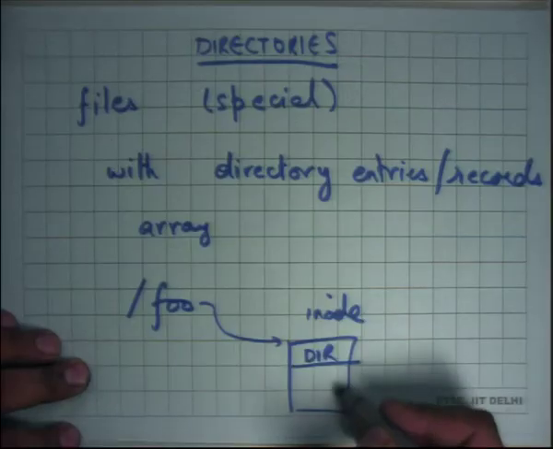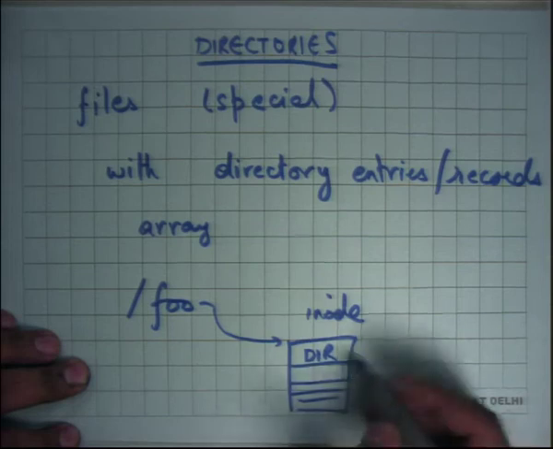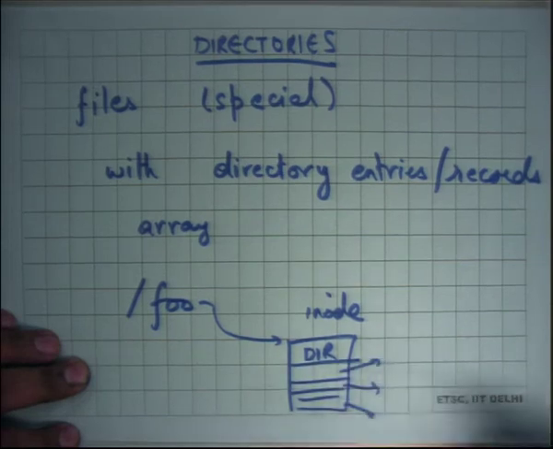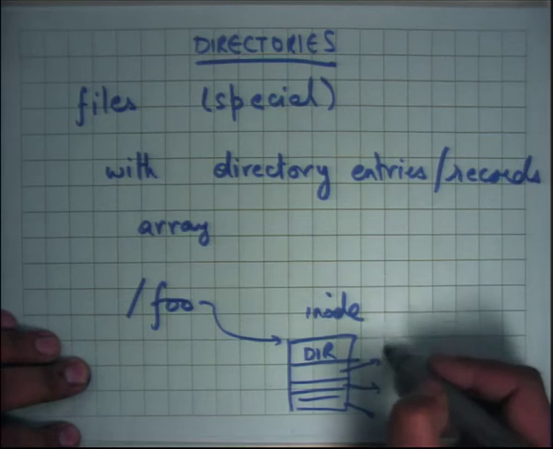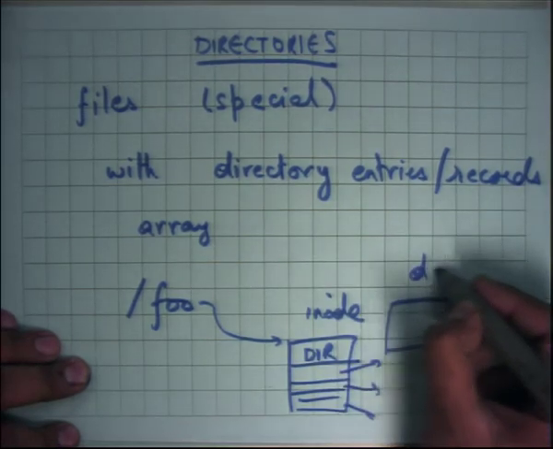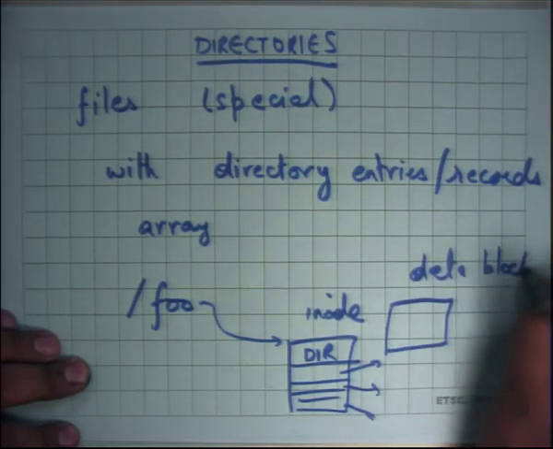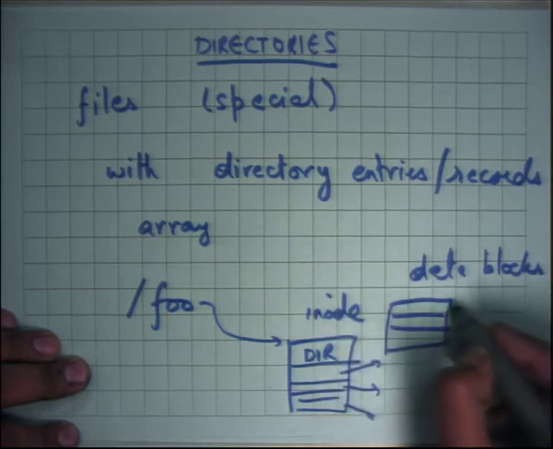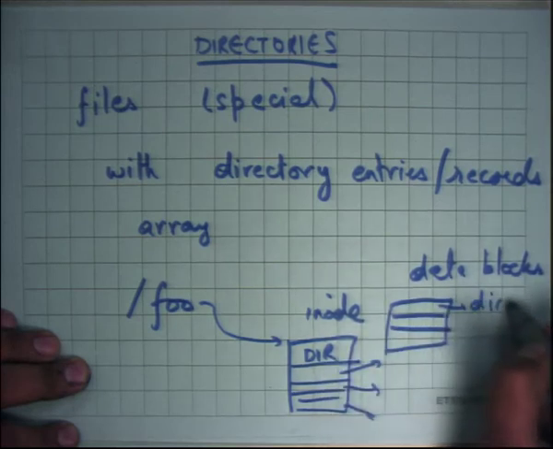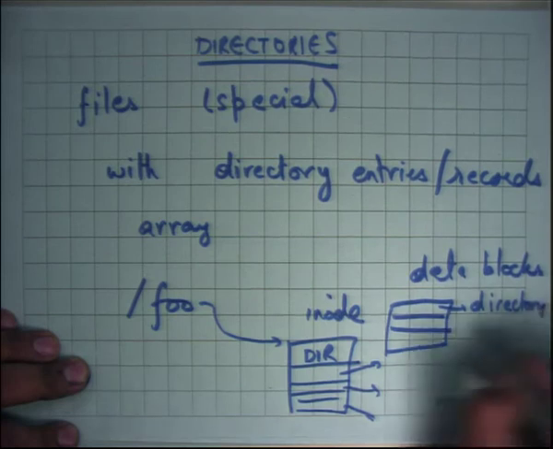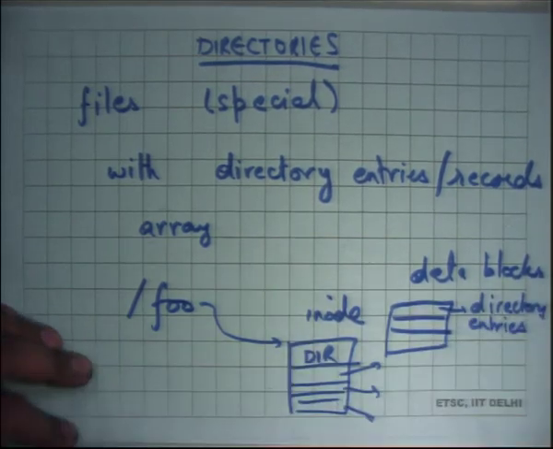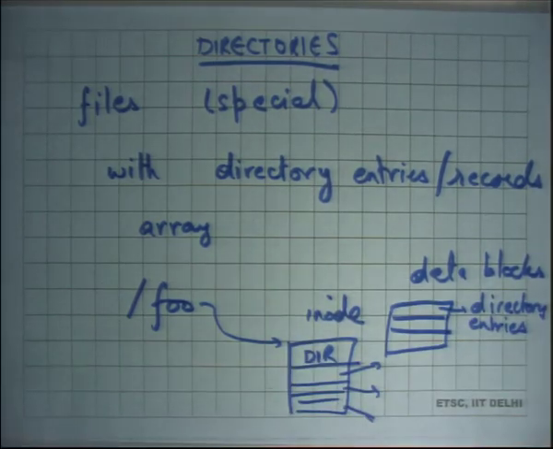And then just like everything else, it will have direct pointers. So these are data blocks, but these data blocks will contain directory entries. So basically a directory is nothing but a file which stores directory entries in it.